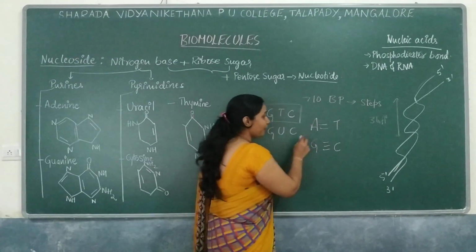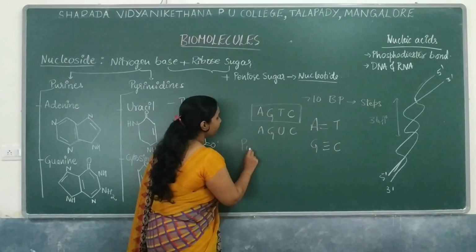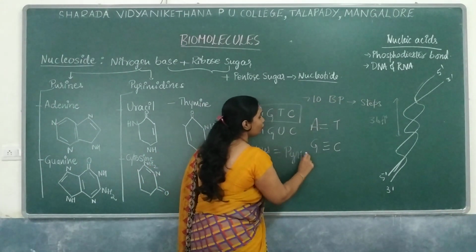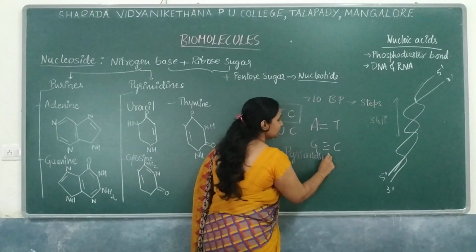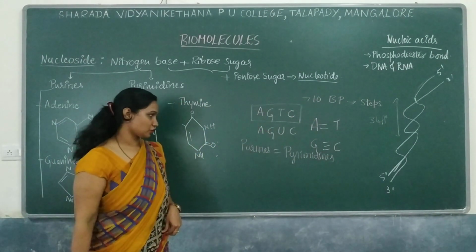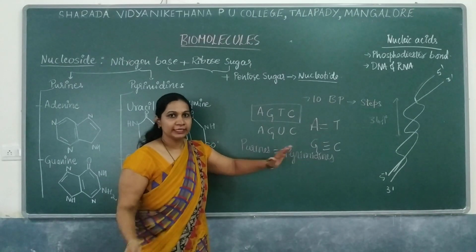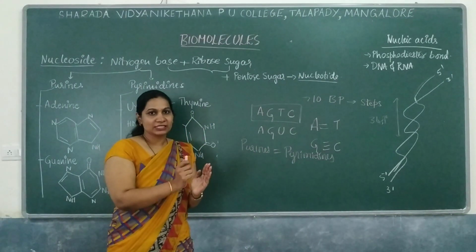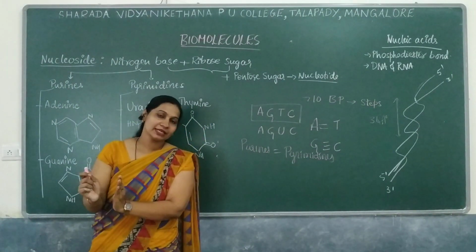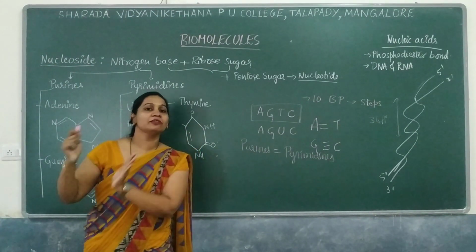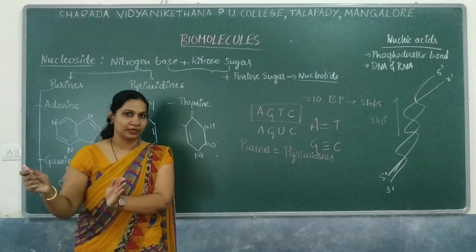Here the amount of purines is always equal to the amount of pyrimidines in a particular DNA structure. Adenine and guanine are the purines, thymine and cytosine are the pyrimidines. If it is 50% purine, then there will be 50% pyrimidines.